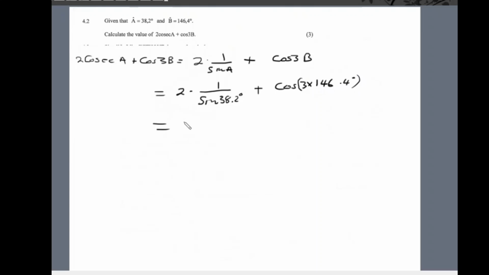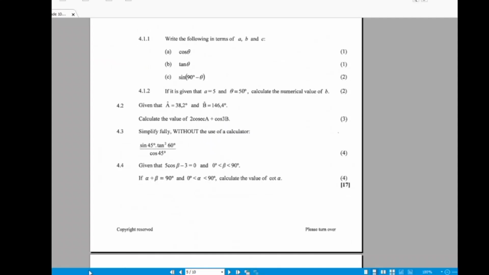So now punch this into your calculator. You will find that this is equal to 3.42. Okay, so that's 4.2, and then we go to 4.3.